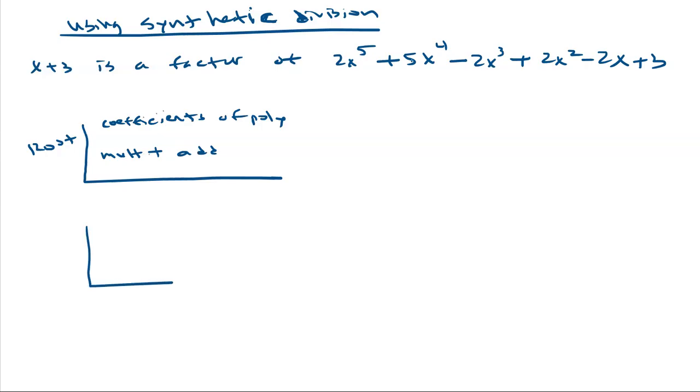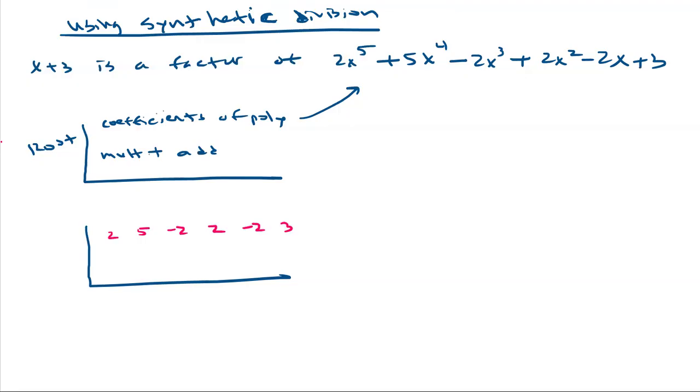So let's do this. In this row, I'm going to put the coefficients of the polynomial. So the polynomial is this whole expression here. Let me use a different color here. Okay, so I'm going to have 2, 5, -2, 2, -2, and +3.